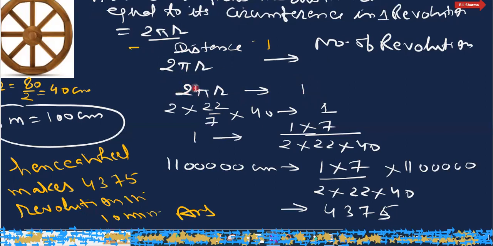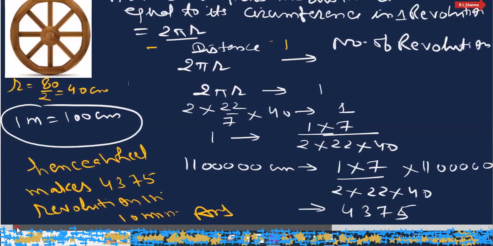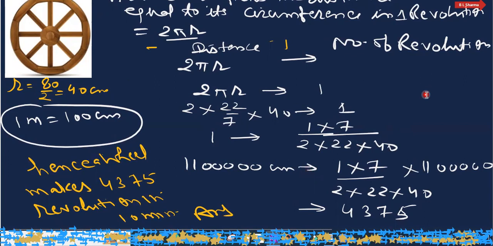So in place of 2, you can write 2. In place of pi, you can write 22/7. In place of r, it is radius is 40 centimeter. It is already given. So we can calculate like this. So that's all for this question.